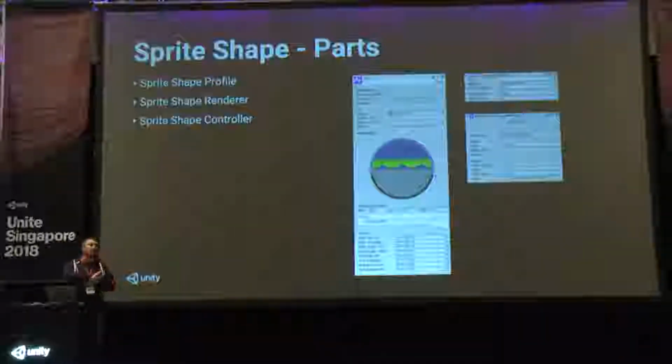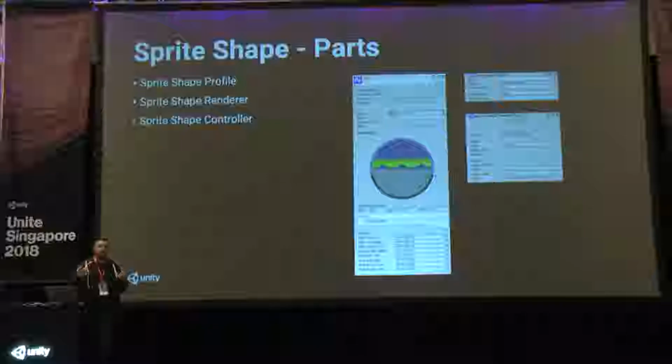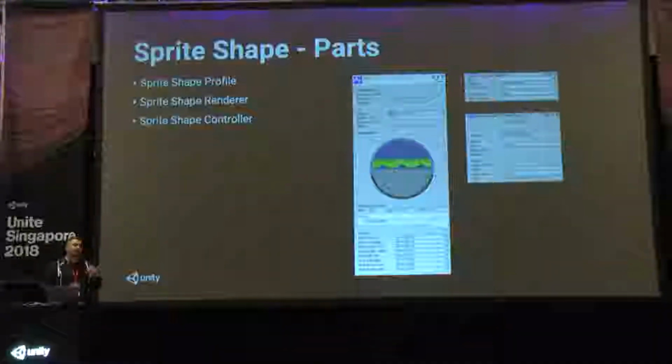So once you have a sprite shape in the scene, what do we do? We need a SpriteShape renderer. That's going to be in charge of making sure that the sprite shape is displayed, and it takes in all the normal stuff you'd expect from a renderer. You've got sorting layer and order in layer, so you can control how that's going to sort with all the other renderers in your scene.